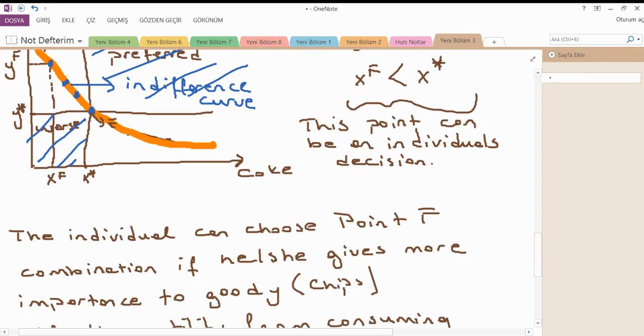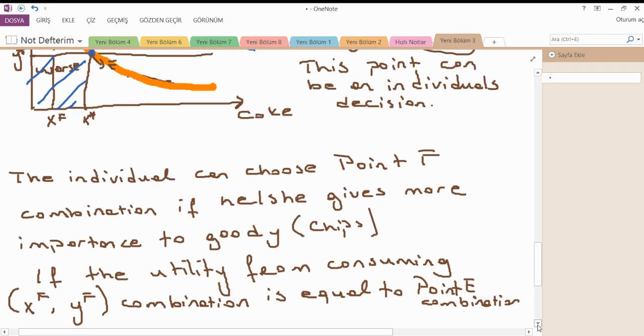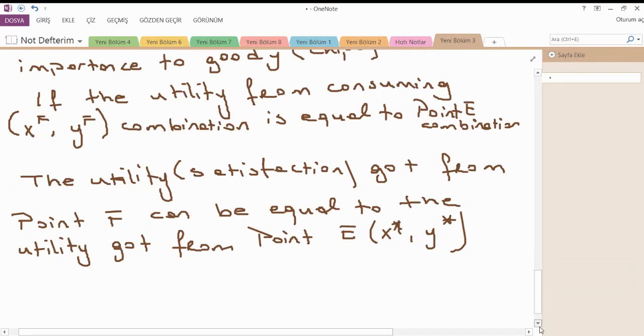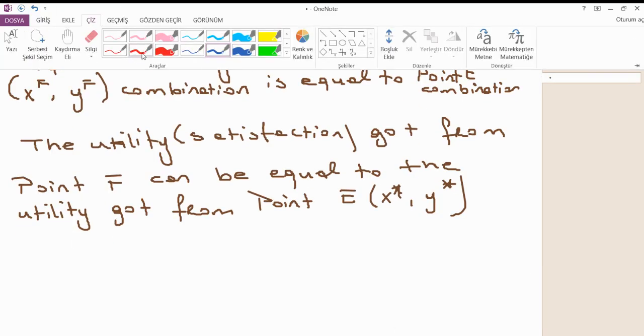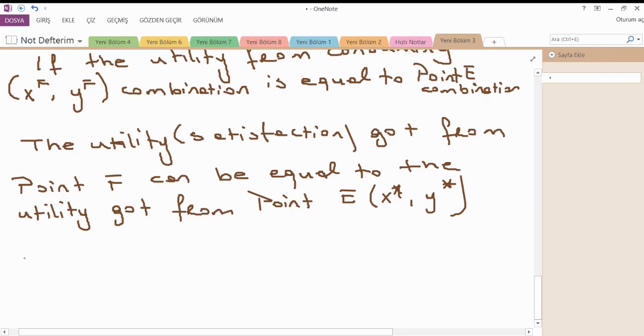So I'm going to write the definition of the indifference curve here. Let's choose another color. Let's write it with this, okay? Indifference curves.